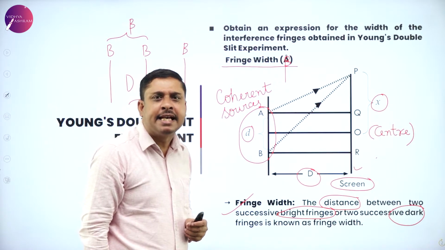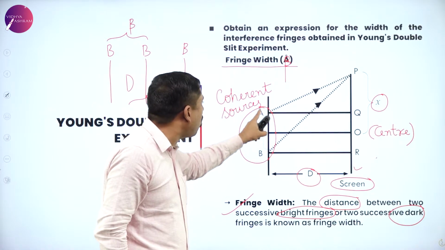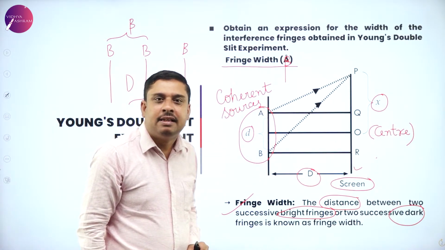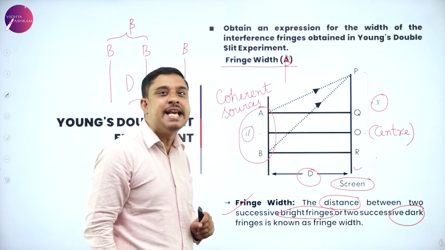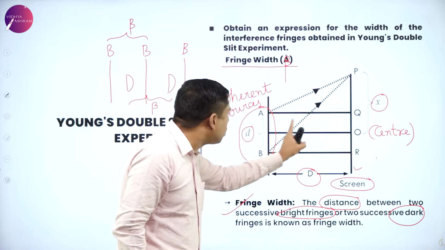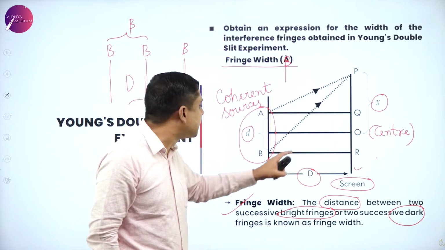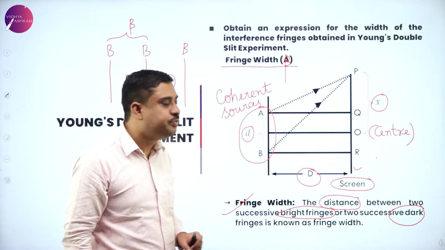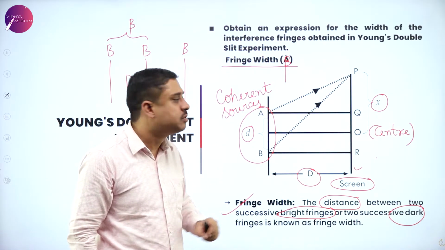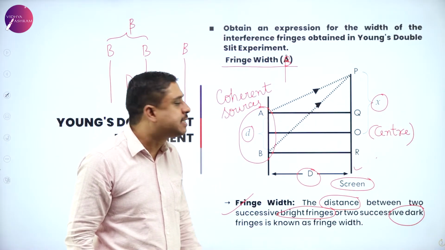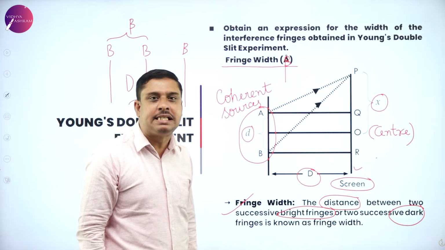So these are the considerations: two coherent sources separated by a distance small d, the source and the screen separated by a distance capital D, O the center of the screen, and x the distance between the point P and the center.